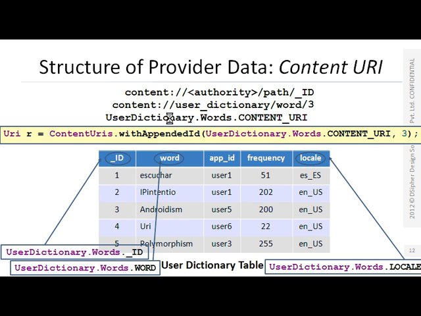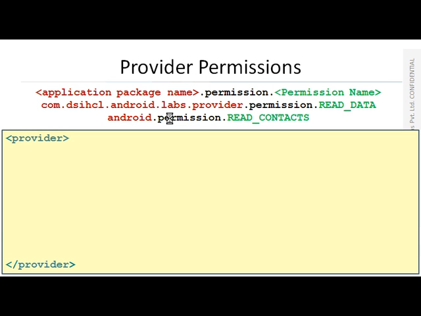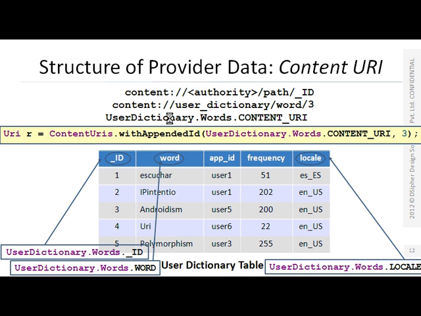If you are passing this URI, it will be UserDictionary.Words.CONTENT_URI, which is the complete path of your user dictionary table, and comma 3 means you are specifying the row ID. This will be used for the content resolver object. If you specify this URI in the content resolver object, you can do anything you want with the third row of this dictionary table.